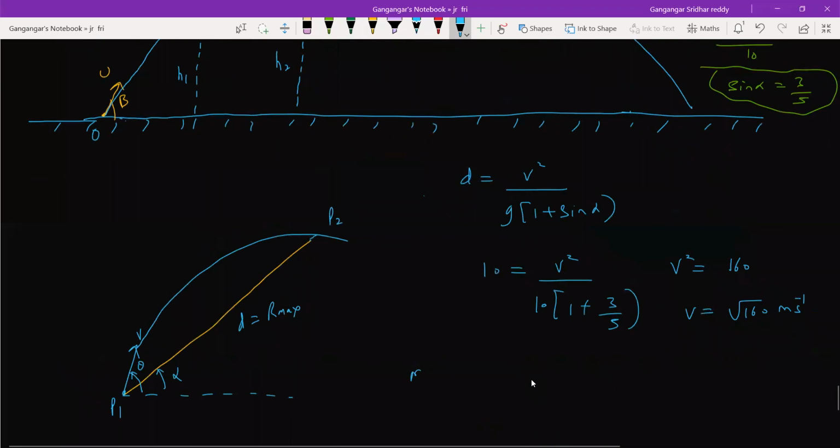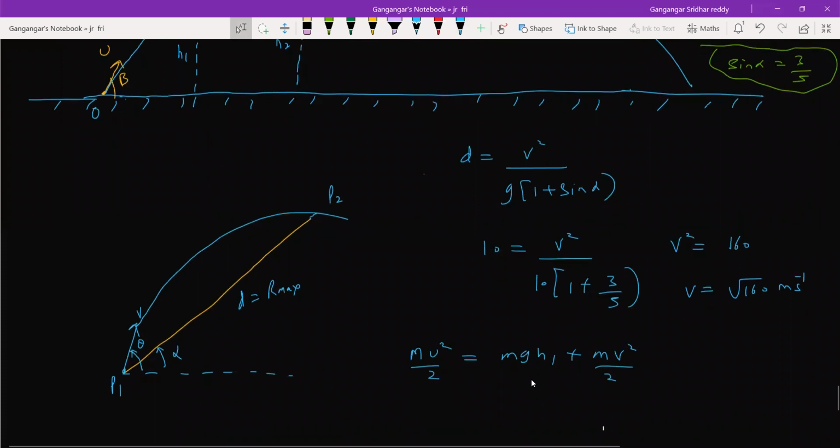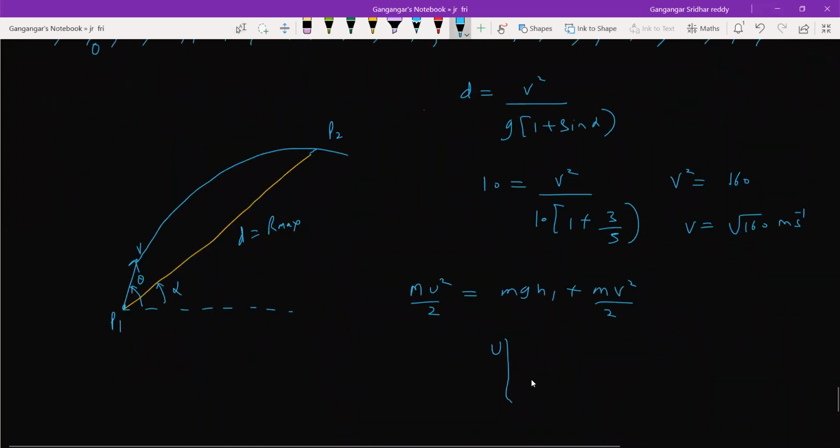So since most of you know this, m u square by 2 should be equal to m g h1 plus m v square by 2. m will get cancelled. So u square equals 2 g h1 plus v square.